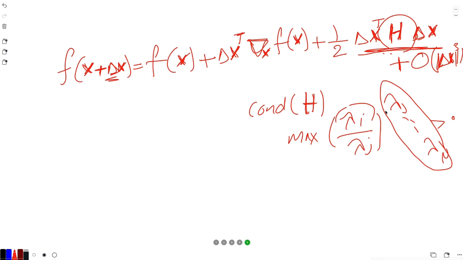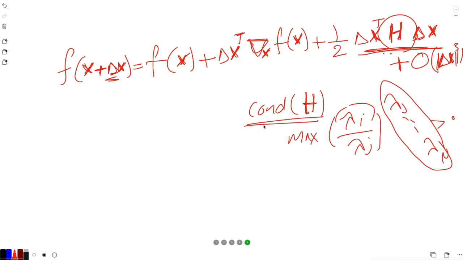So all of them will be real numbers, so we don't need the absolute value. We don't have complex eigenvalues when we have a symmetric matrix H. So this is the condition number.